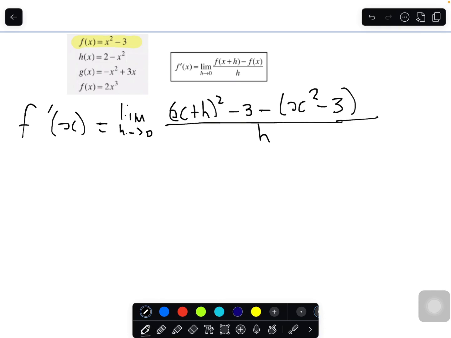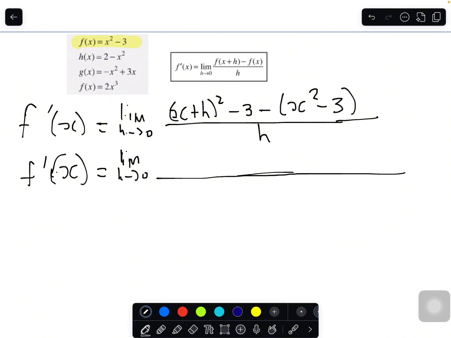Now we're going to continue. We're going to then simplify this. Equals the limit as h approaches 0, and then this is going to be x squared plus 2xh plus h squared minus 3 minus x squared plus 3 all over h.